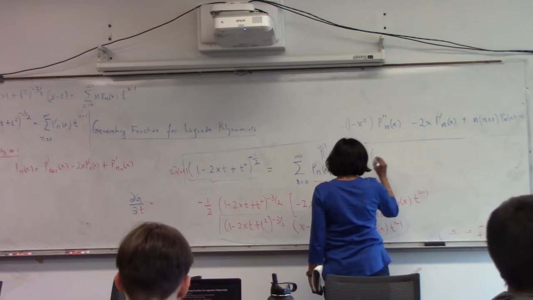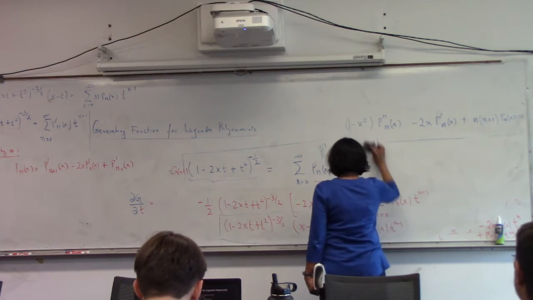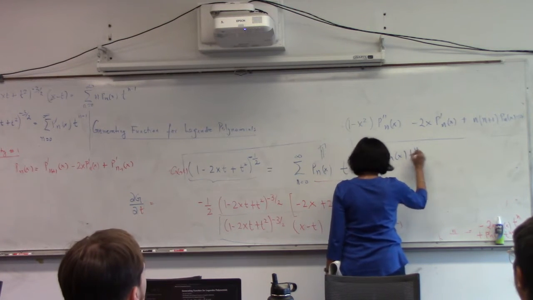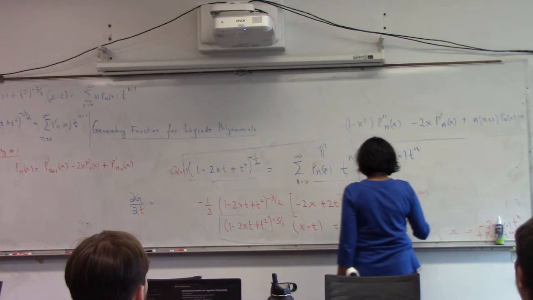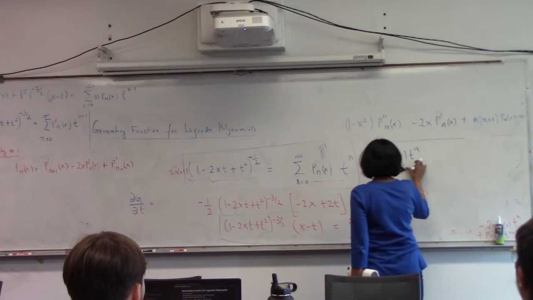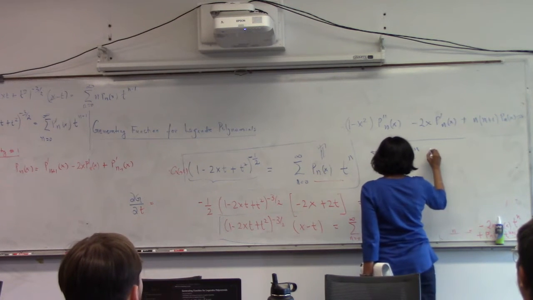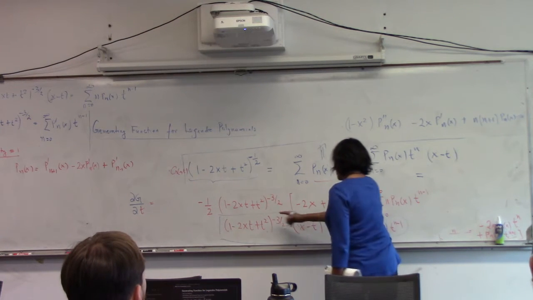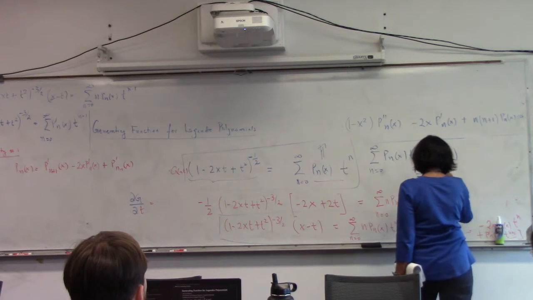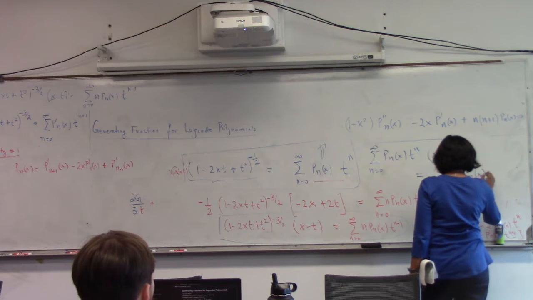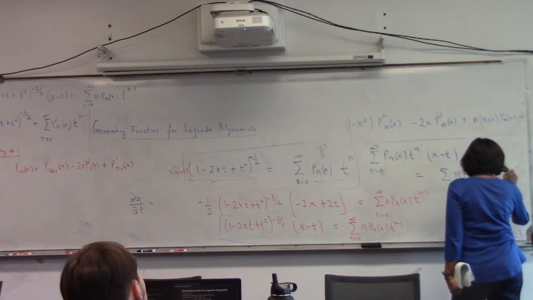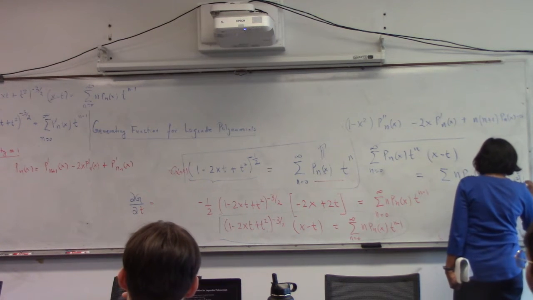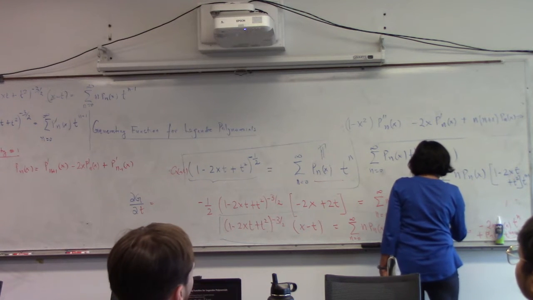So I can write my left-hand side as summation P sub n of x t to the power n, times the square root part, times x minus t, n going from 0 to infinity, is equal to, this is in the denominator so I can take it here, n p sub n of x, 1 minus 2xt plus t squared, t to the power of n minus 1, n going from 0 to infinity.